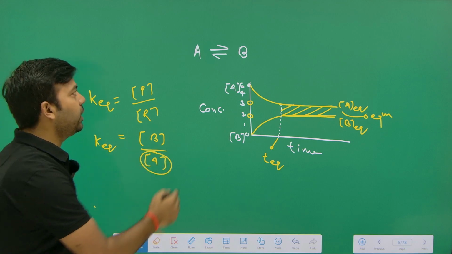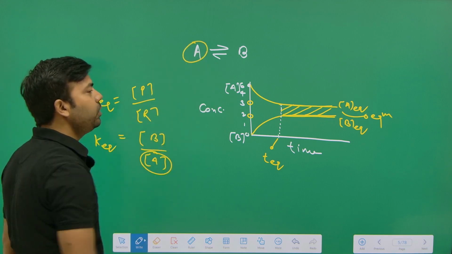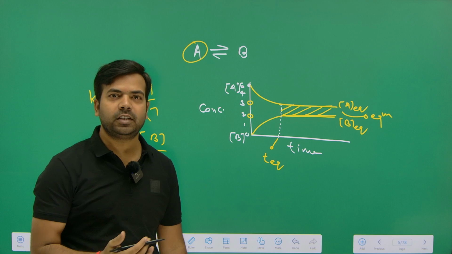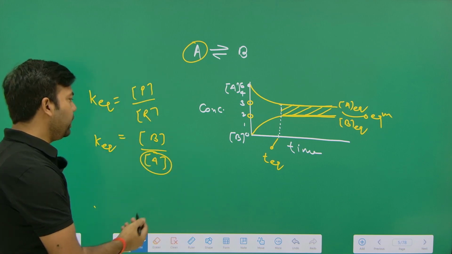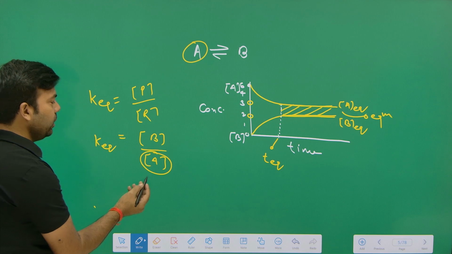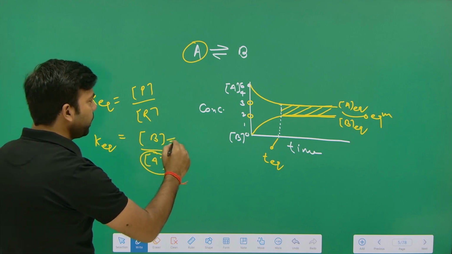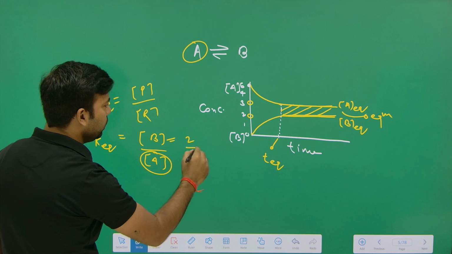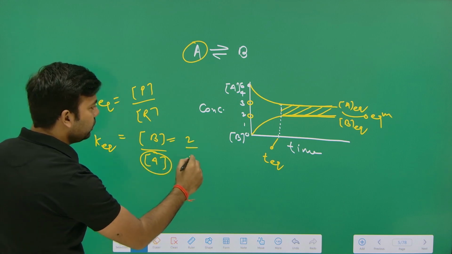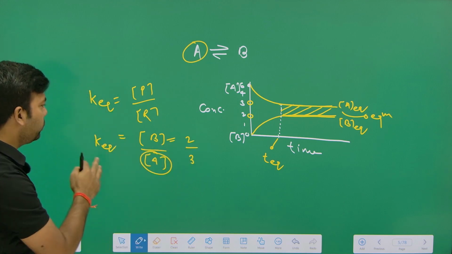It means reactant is more in amount, which means the reaction's direction will be in the backward towards the reactant. Okay, as well as if you are going to talk mathematically, so suppose B is 2 here and A is 3. So you can see this value is less than 1.